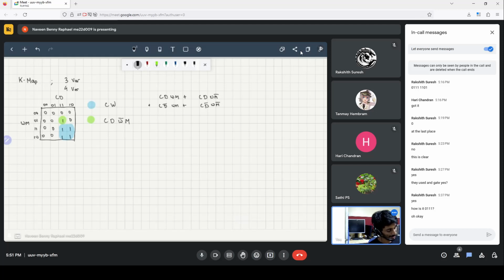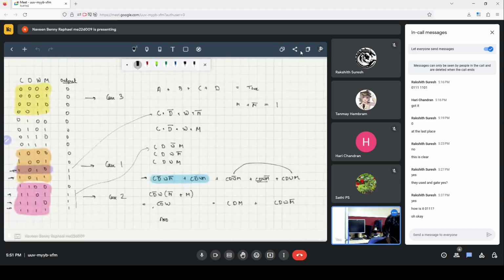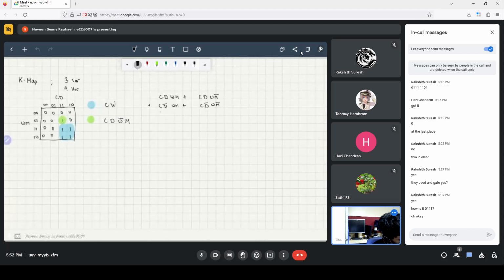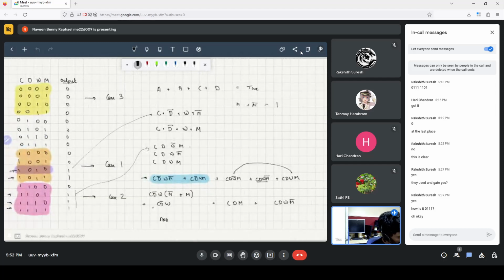Right? If I was smarter, I would have noticed here itself. We did find those 4 terms: C, D prime, W, M prime, C, D prime, W, M, and likewise the other two terms here, this and this.